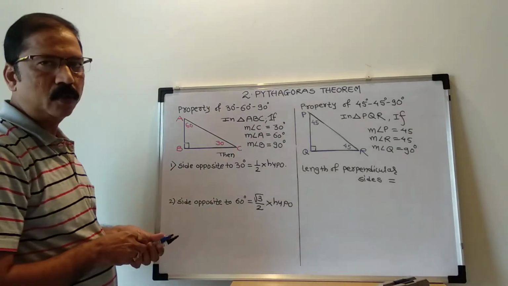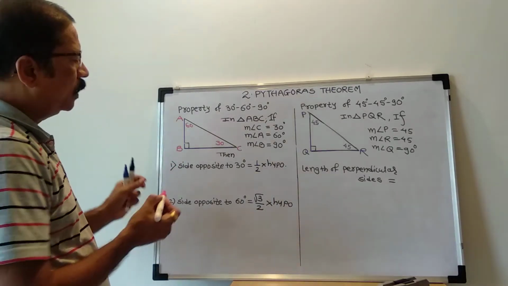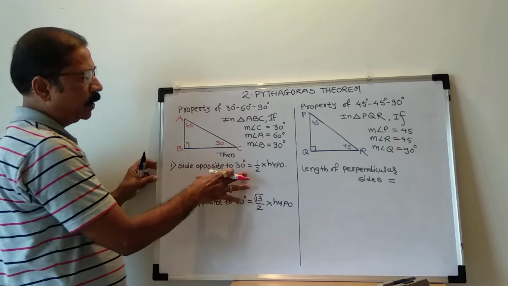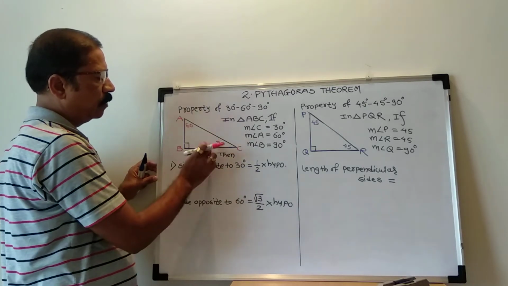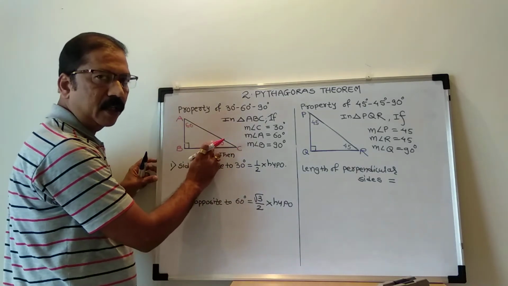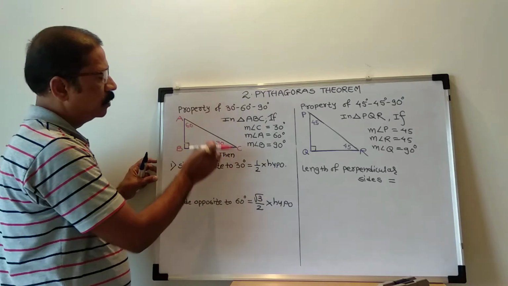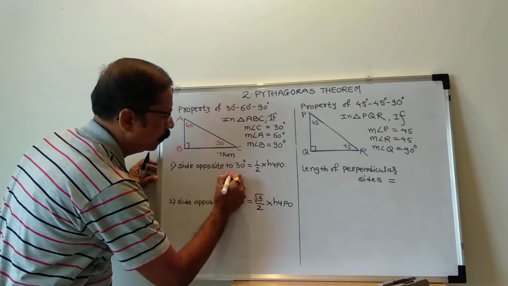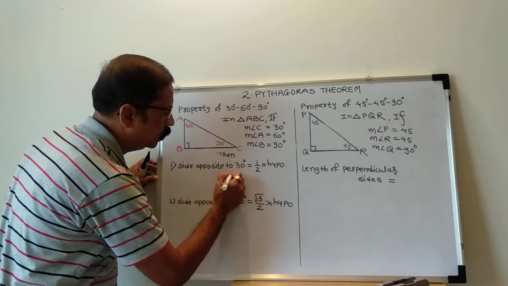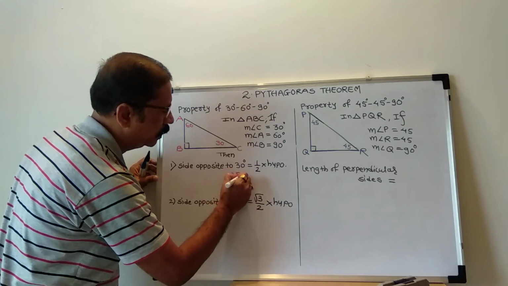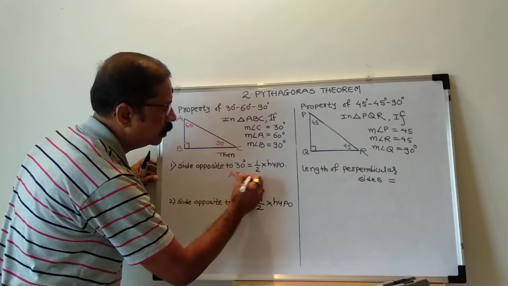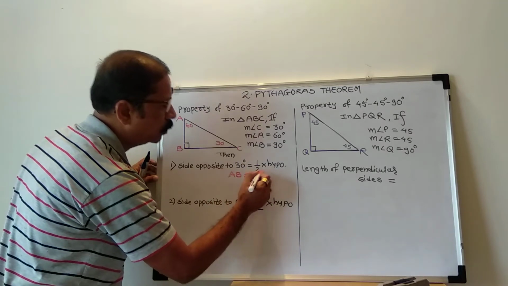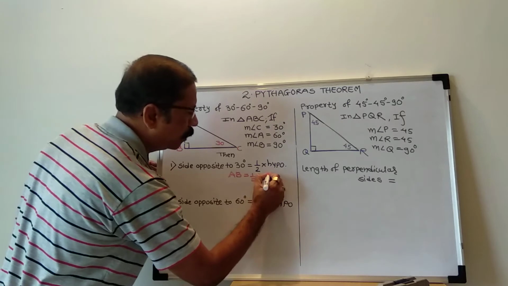From the diagram we can understand the property. Side opposite to 30 degree. So in this right angle triangle, angle C is 30 degree. Side opposite to 30 degree, that is AB, is half of the hypotenuse. So here AC is the hypotenuse.